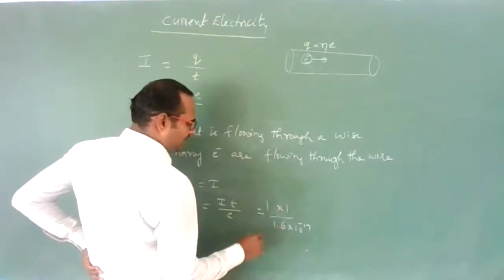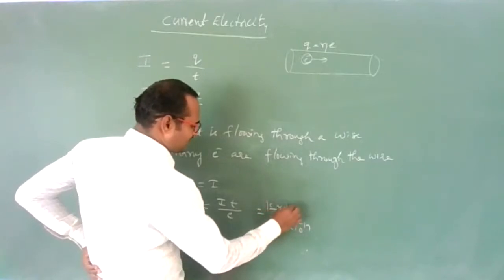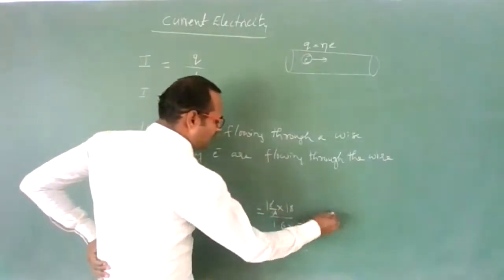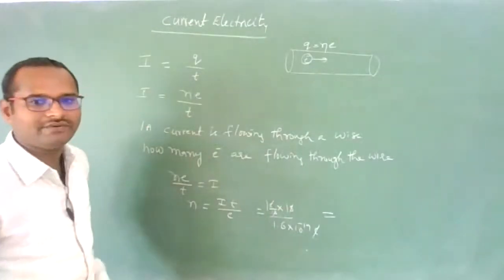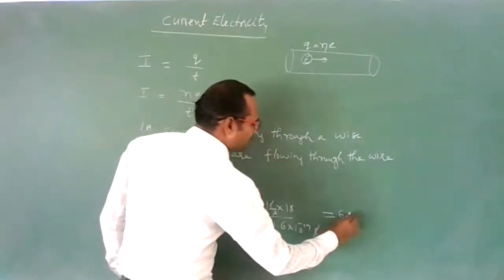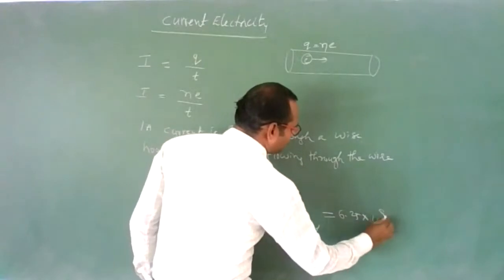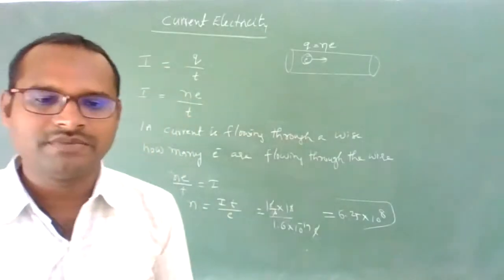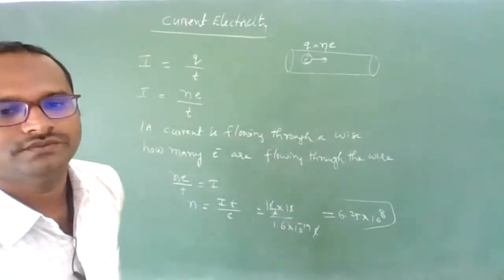Here 1 ampere is nothing but 1 coulomb per second. Second cancels, coulomb cancels. You will get 1 divided by 1.6 into 10 to the power of minus 19. You will get 6.25 into 10 to the power of 18 number of charges. If you remember, it will be an easy question for you.